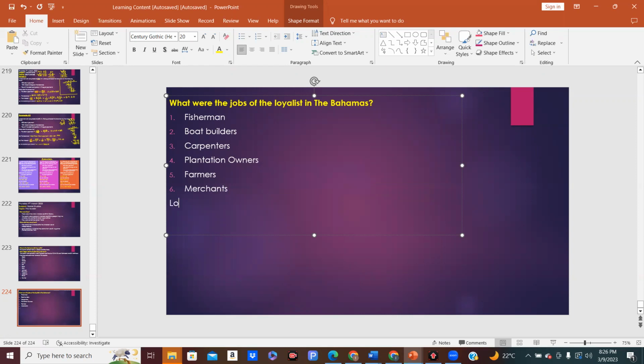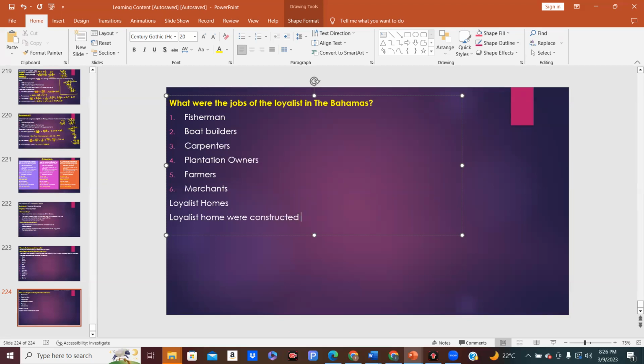All right, so let's talk about the loyalist homes. The loyalist homes were constructed, write this down, please, of wood. That's natural, that's believable, because they just came to this land.